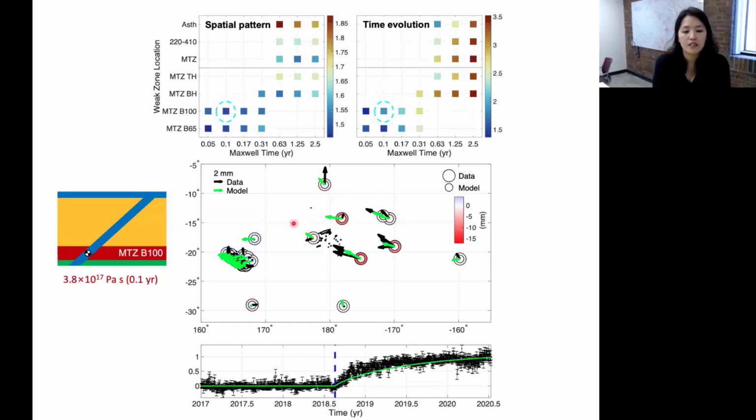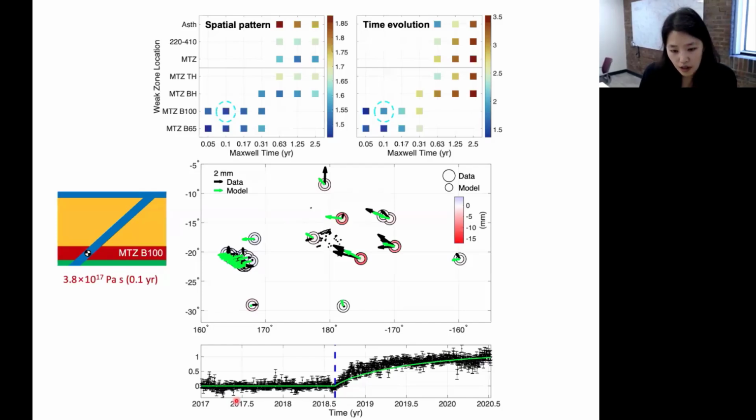So where could that discrepancy be coming from? We explored a lot of 3D structures that are possible in this study area, for example, motivated by seismic tomography images.